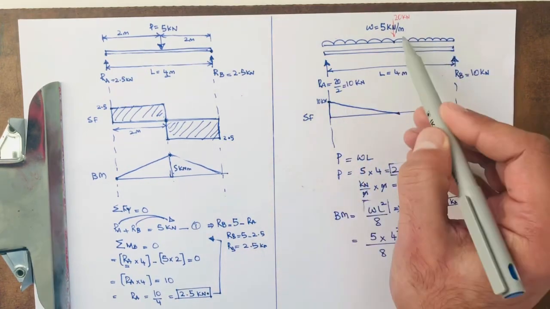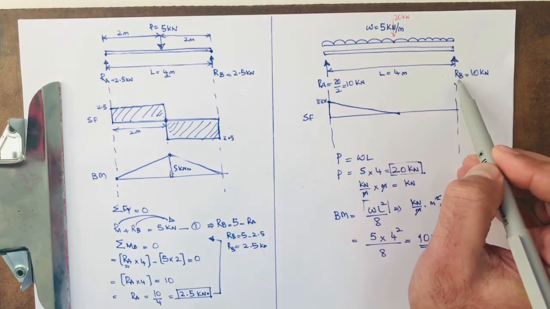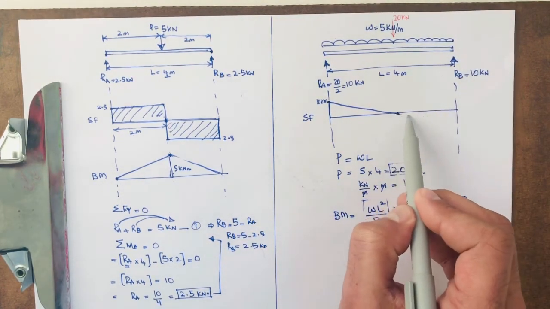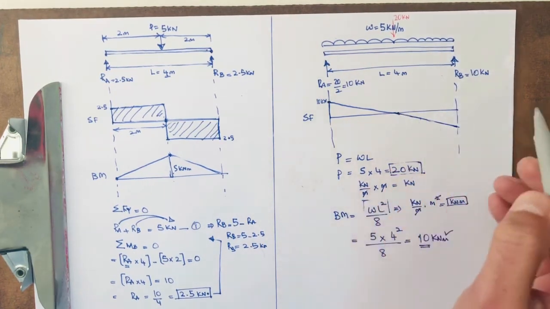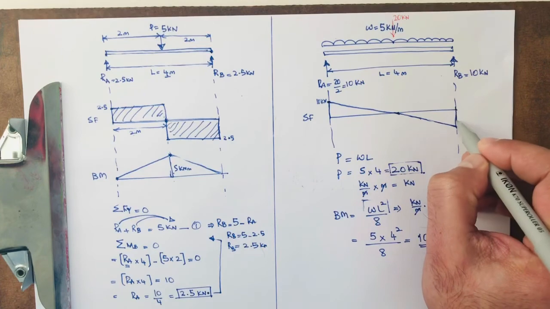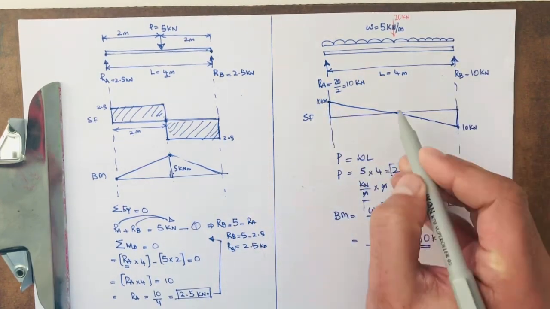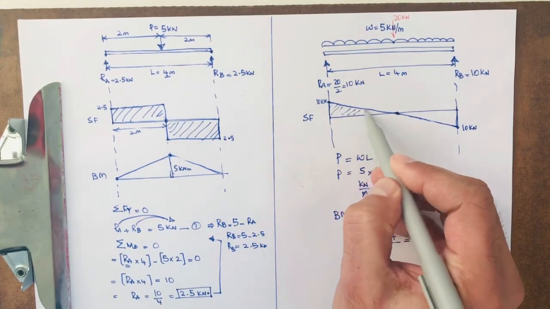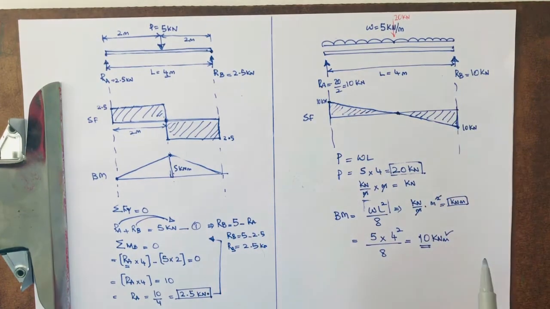Past the middle, it is again pushing the beam down until we get to RB, and that pushes the beam up. So this is 10 kilonewton, this is 10 kilonewton, and see in the middle you get 0 shear force. So you have this shear force diagram.